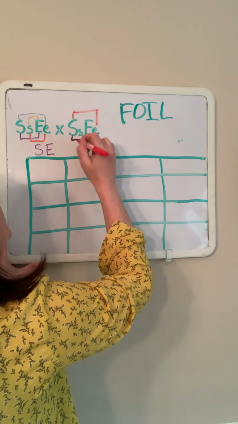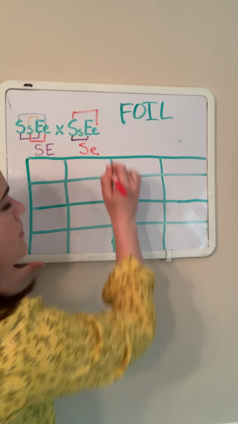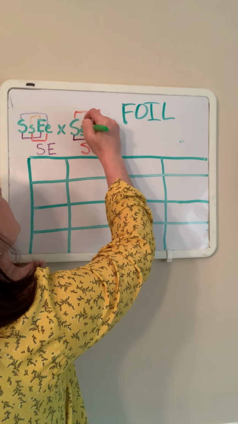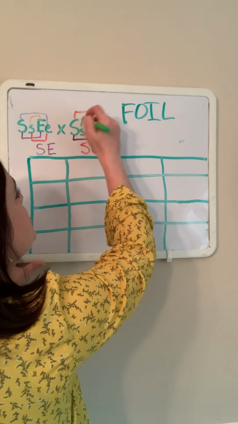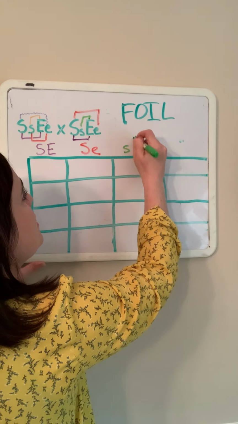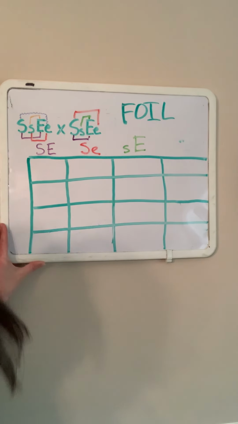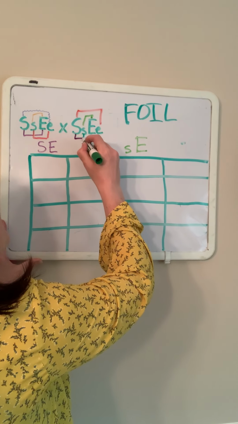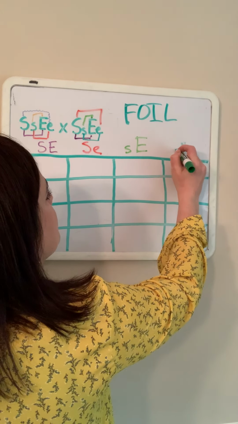Inner is going to be little s, big E. And then last is going to be little s, little e.